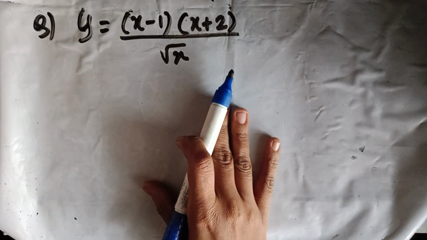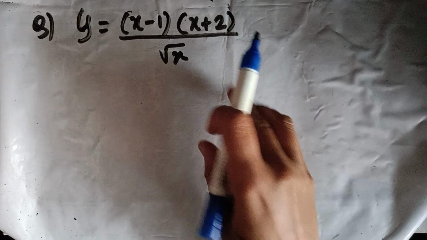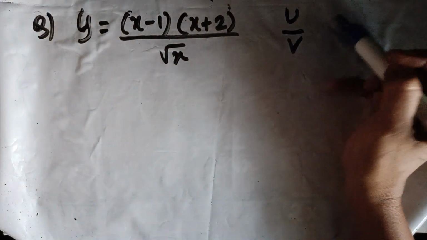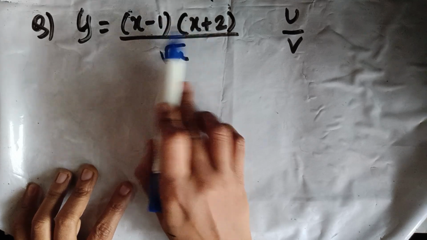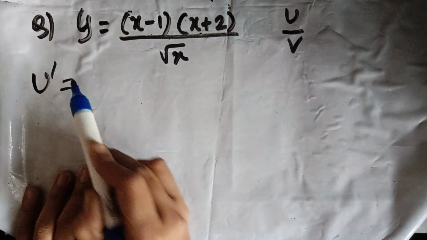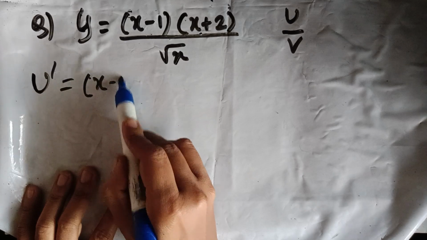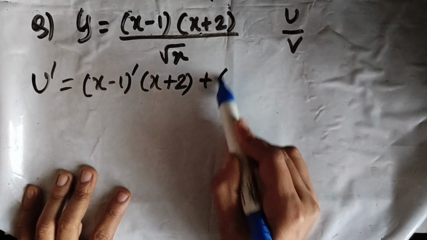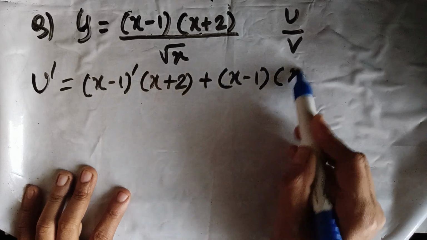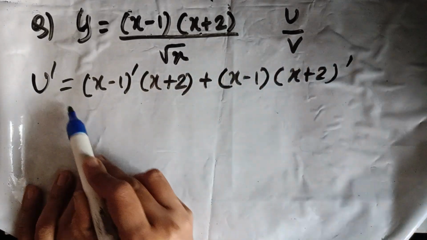Next question. So this is of the form u by v. Correct. But our u is, again we have to do product rule here. Okay. So u dash is derivative of x minus 1 into x plus 2 plus x minus 1 into derivative of x plus 2. Okay.